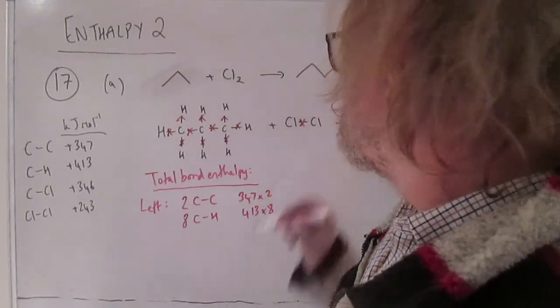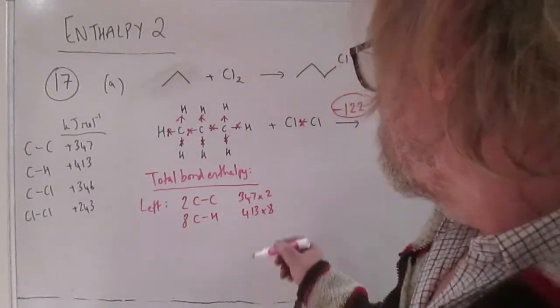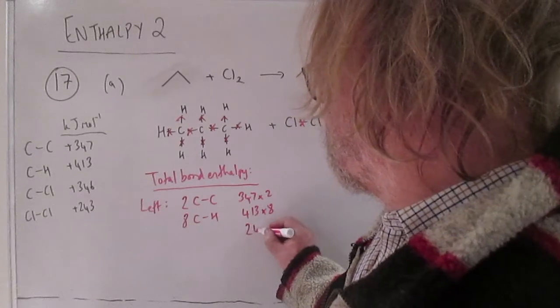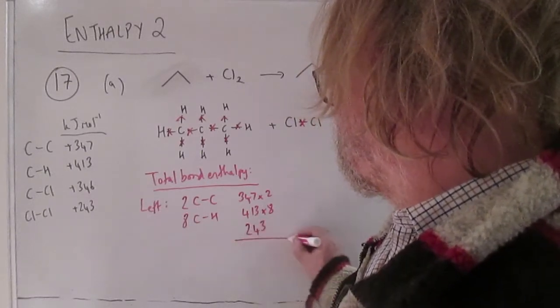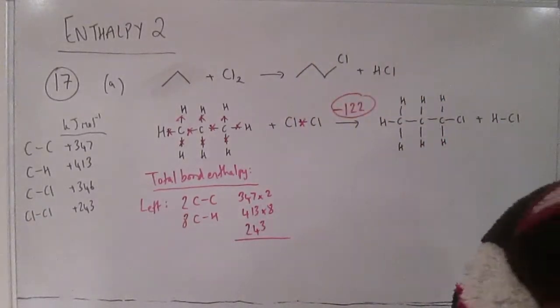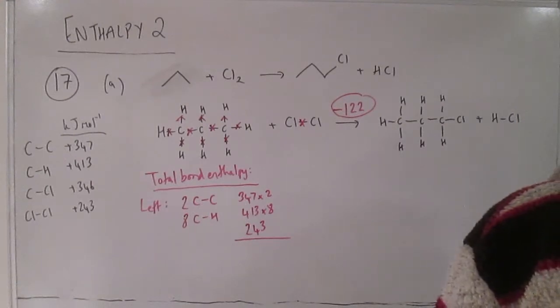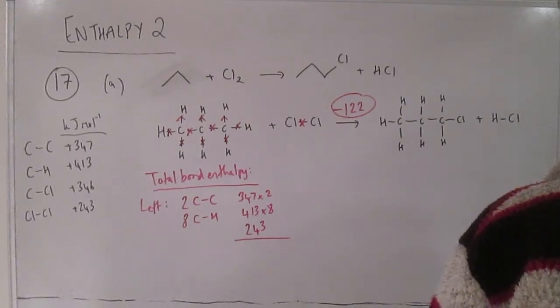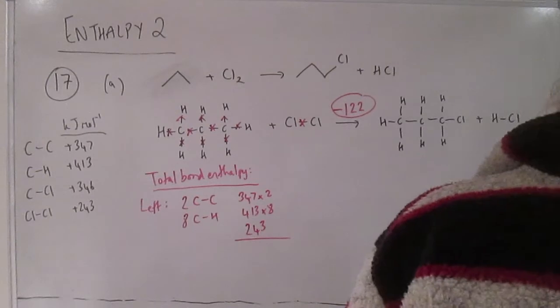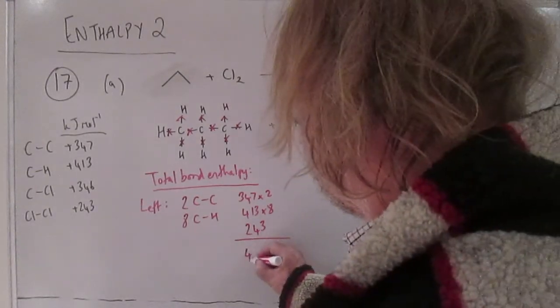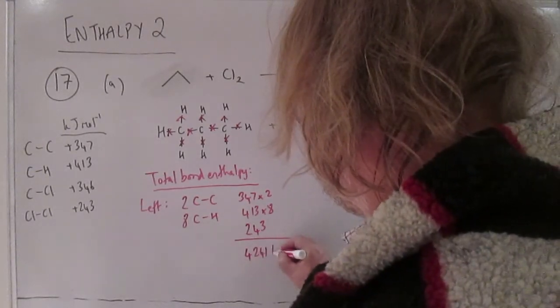And we have a ClCl, which is 243. So if we add that lot up, we get 4241 kilojoules per mole.